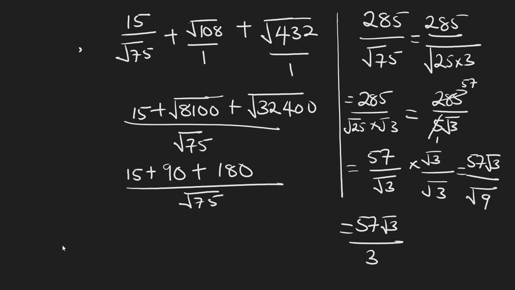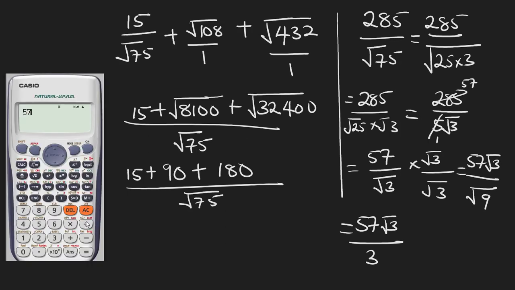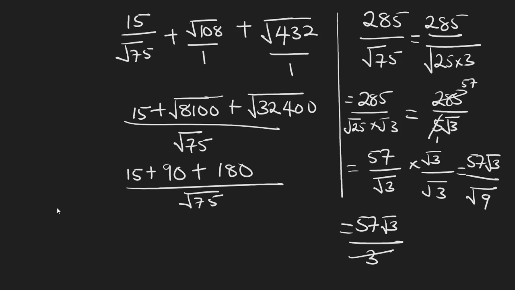So can 3 go into 57? Let's check it. 57 divided by 3, of course, is 19. So 3 here is 1, 3 here is 19. So our answer now is going to be 19 root 3. So this one is actually in the form that we were asked. So the answer is 19 root 3.